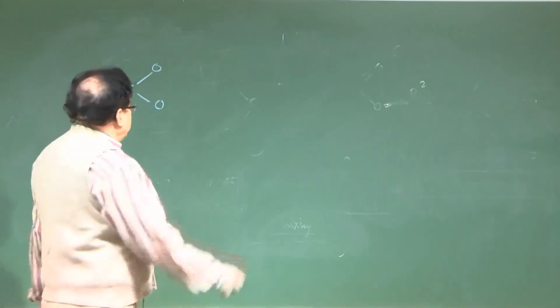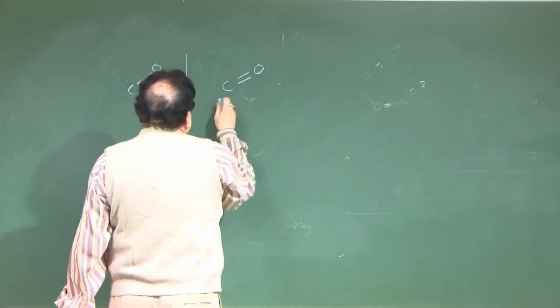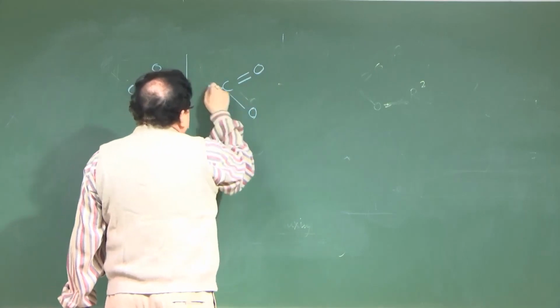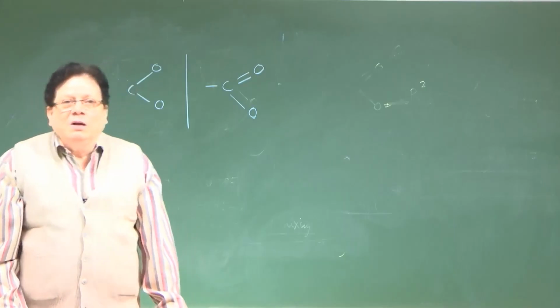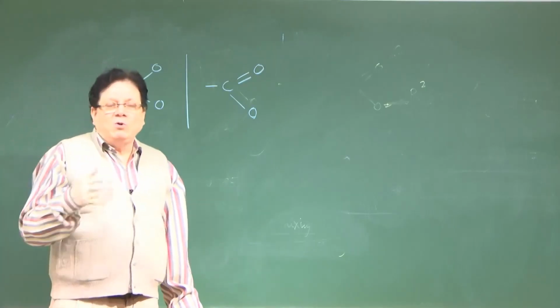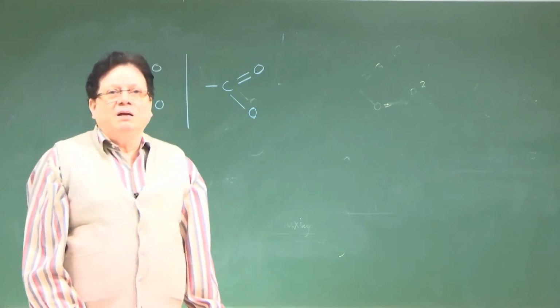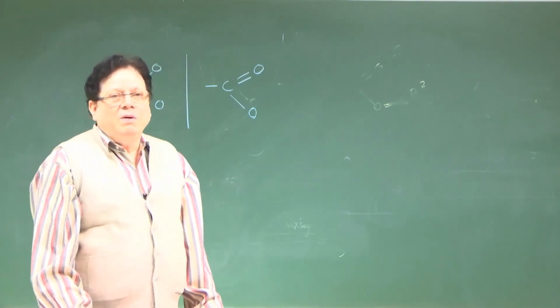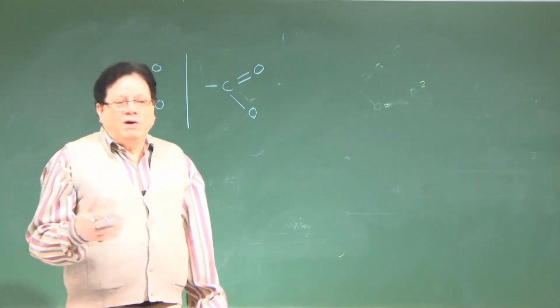And then if you talk about an ester, it is very similar: the carbon attached to two oxygens. So, we can expect an anomeric-type effect in this system also, which can dictate it attaining a preferred geometry.